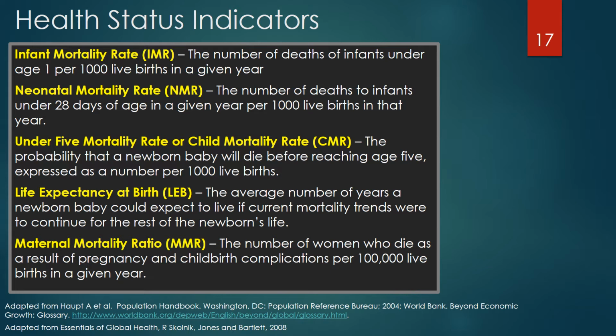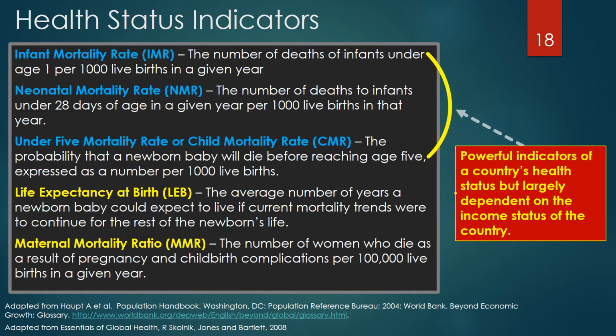The life expectancy at birth, LEB, the average number of years a newborn baby could expect to live if current mortality trends were to continue for the rest of the newborn's life. The maternal mortality ratio, MMR, the number of women who die as a result of pregnancy and childbirth complications per 100,000 live births in a given year.